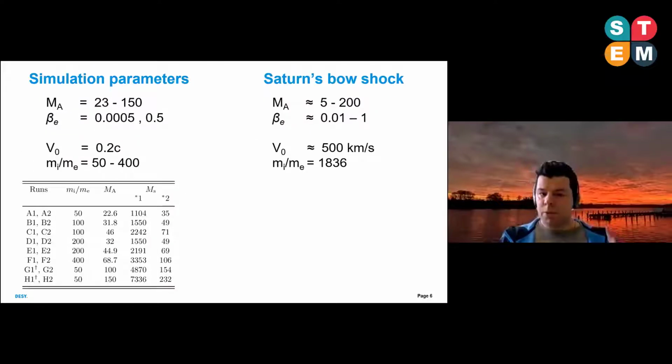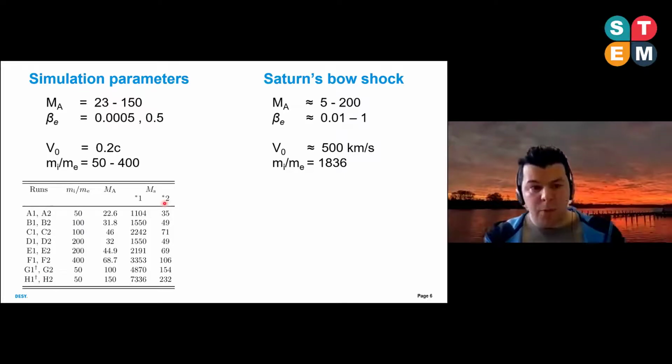But there is a big trouble with this simulation, because if we compare the simulation parameters with the parameters of the Saturn bow shock, where Cassini measured quite a lot of things, we see that the Mach numbers are sort of the same. Plasma beta, which is the ratio of thermal and magnetic energy in the shock upstream, is also the same, but we have a trouble with the shock velocity itself, which is about 100 times larger and is close to relativistic.